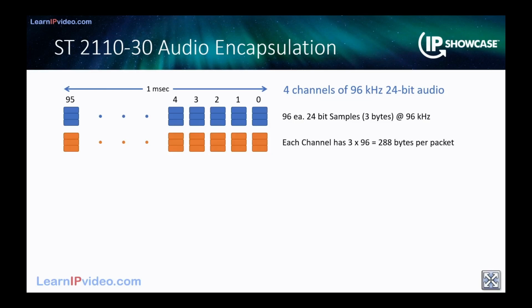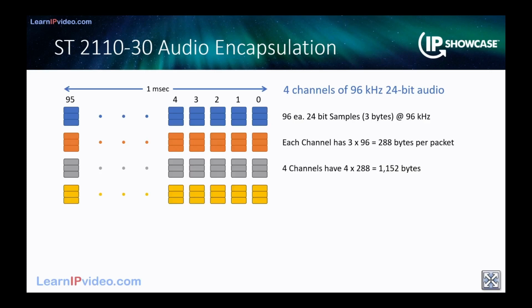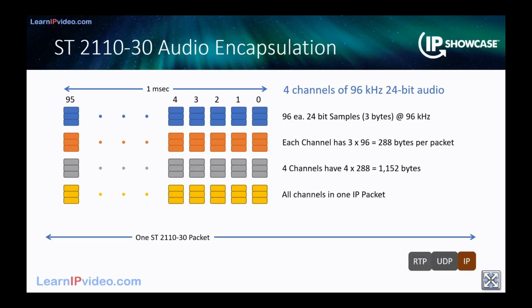Now I'm going to have multiple channels. So each channel is going to have 3 bytes times 96 samples, 0 through 95, gives us 288 bytes from each channel in the packet. If I have 4 channels of audio, I'm going to have 1,152 bytes of audio data.